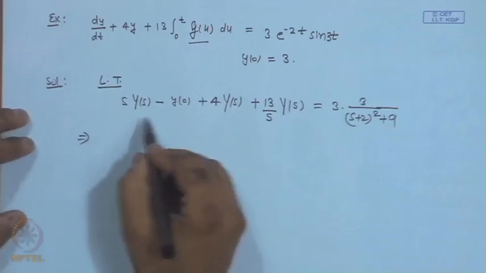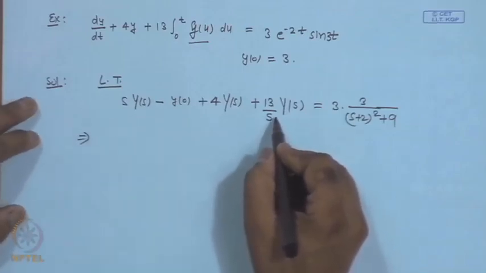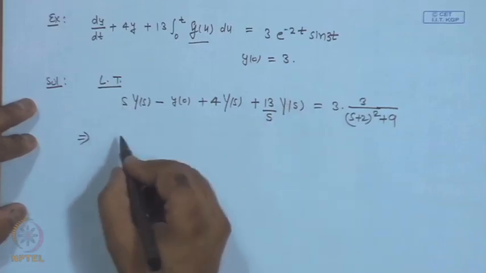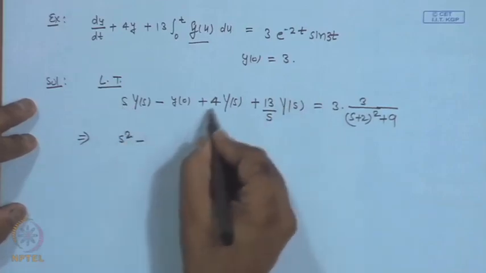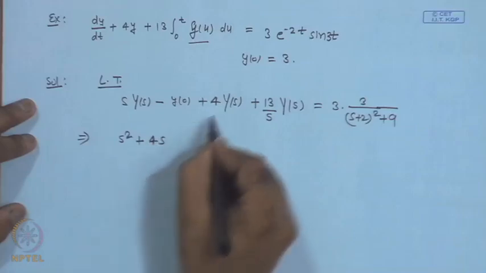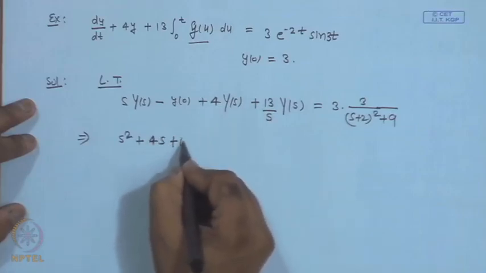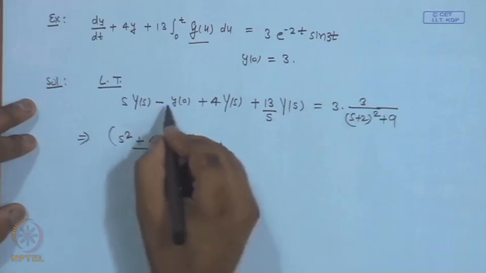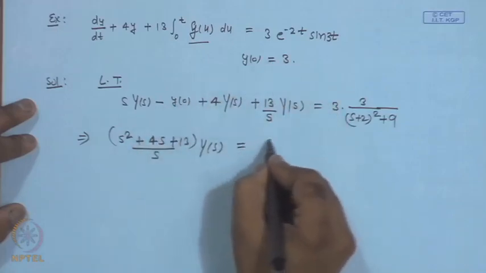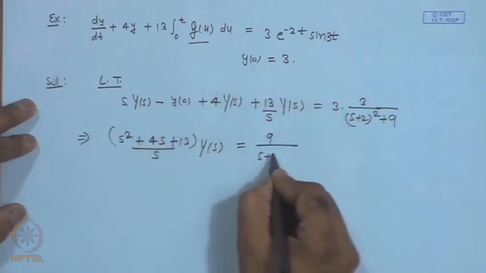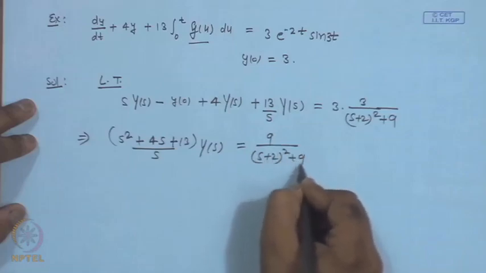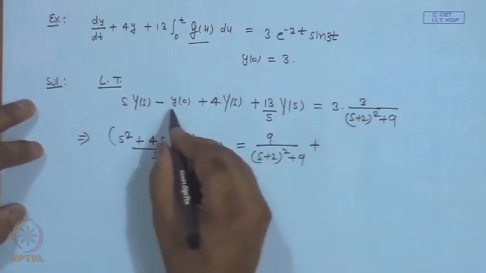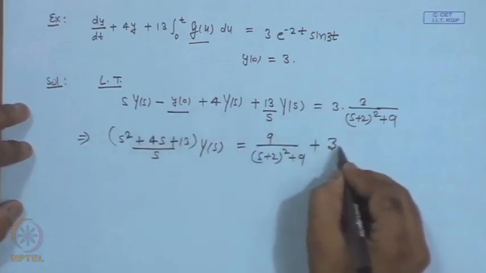Now, we collect the terms of Y(s). We will get s plus 4 plus 13 over s, times Y(s), and this y(0) is 3, so we can take it to the right hand side. So, we have the term (s plus 2) whole square plus 9, plus this y(0), and that is 3.